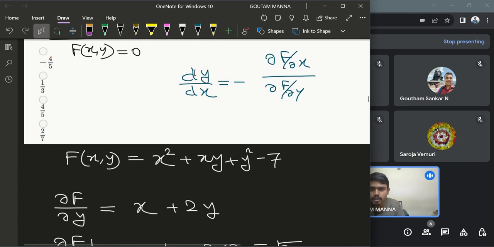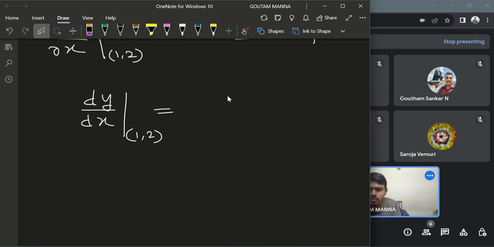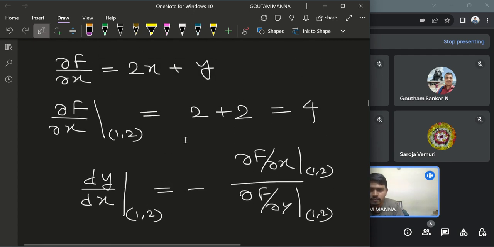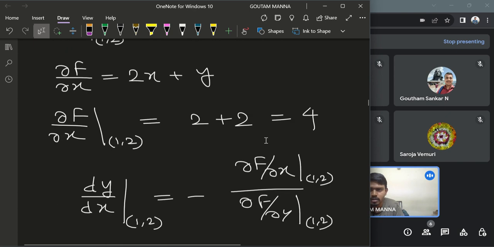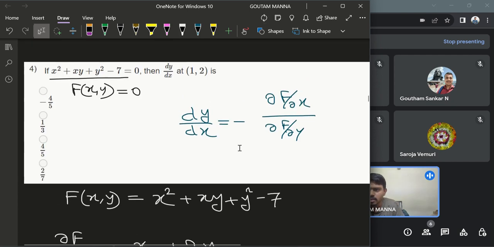So dy dx at point 1, 2 is minus of del f del x at point 1, 2 by del f del y at point 1, 2, which is del f del x is 4, del f del y is 5. It's minus of 4 by 5. So the correct answer is the first one, minus of 4 by 5.